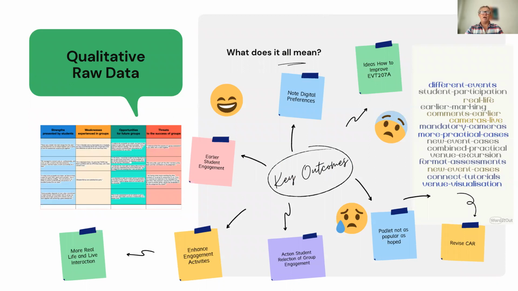Now, the qualitative data was a lot more varied. We had SWOT analyses that I could put together from students' comments, as well as recommendations that they had on how to improve the course.